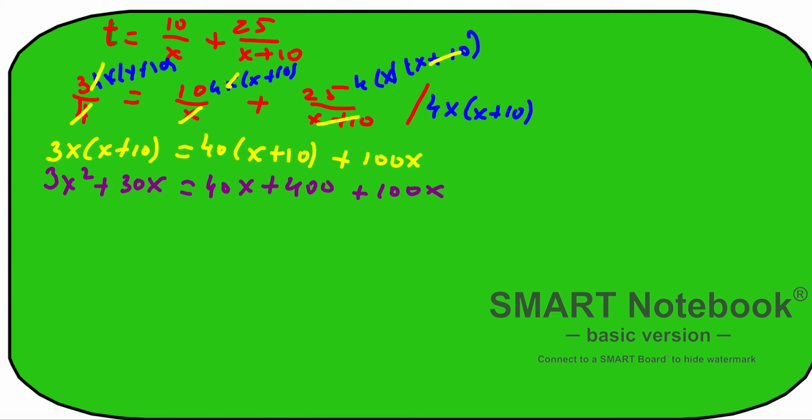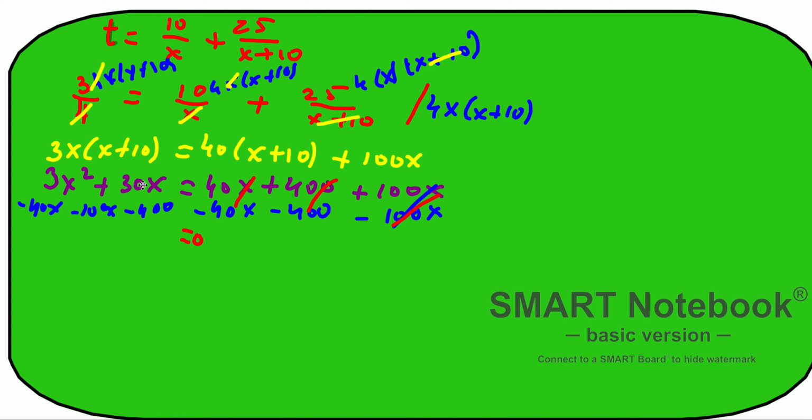Now if I'm going to make this side 0, everything here goes with a minus sign: minus 40x minus 400 minus 100x. So everything cancels on this side and remains 0, equal to 0. On the other side I do the same thing: minus 40x and minus 100x, and a minus 400.